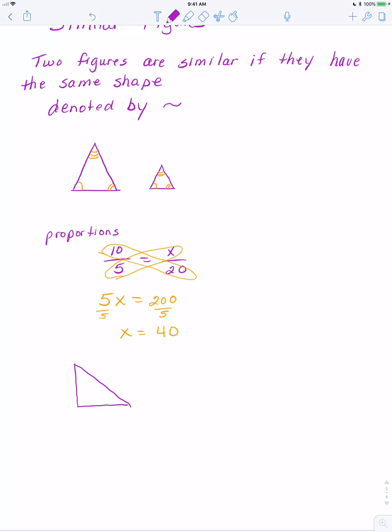If I have a triangle, and we'll label it ABC, and I say this is 5 and this is 10, and then I have a bigger triangle over here, and this is 9, and this one we don't know, and let's label it DEF.